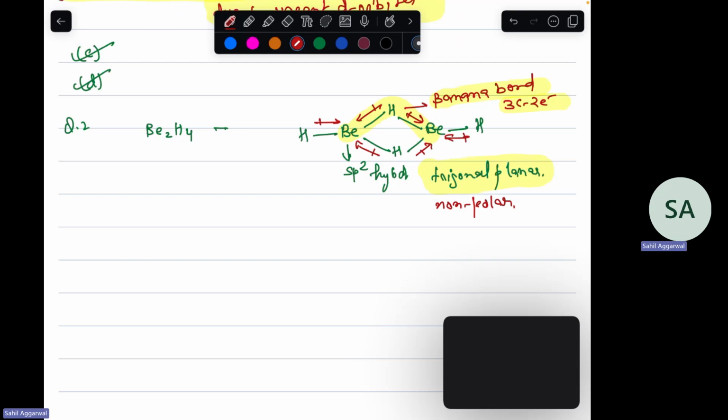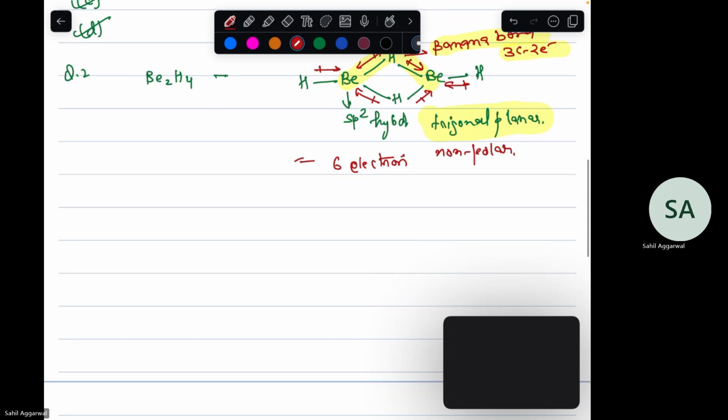No, it can maximum have 6 electrons. That means only sextet is complete, that too momentarily. Sextet is getting completed, not octet.